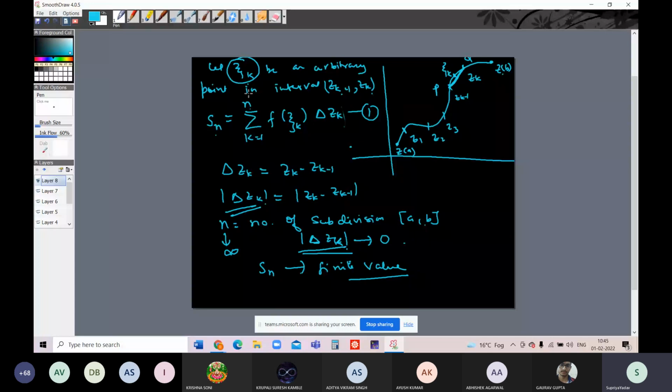If it is independent of the choice of arbitrary xi k in the subinterval, then we will say that this function is integrable along this curve C.